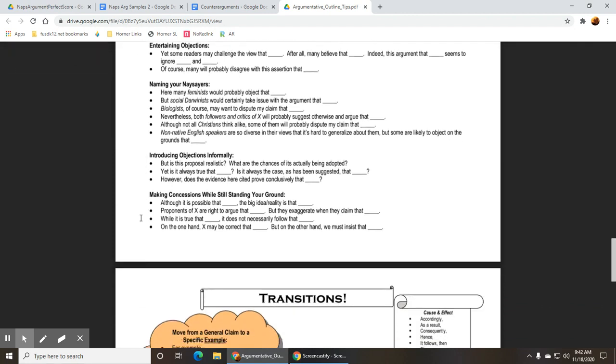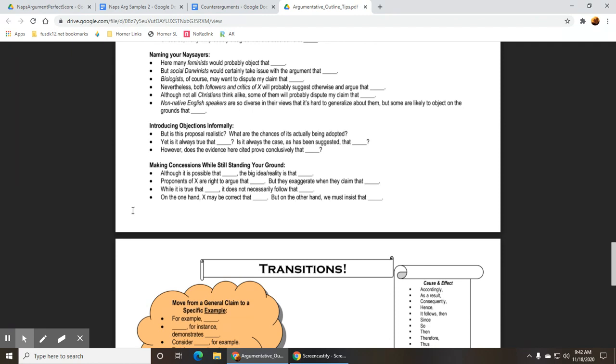You might want to introduce objections informally by using rhetorical questions. Is this proposal realistic? What are the chances of it actually being adopted? Are those questions that a naysayer might have? Yes. You might want to make concessions, so kind of qualify while still standing your ground.